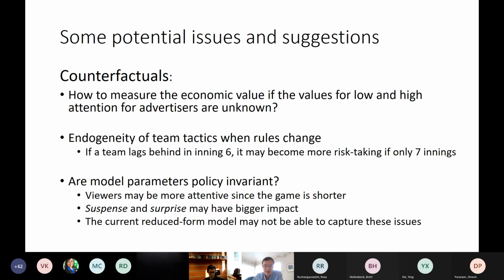In this case, maybe suspense or surprise will have a bigger impact on attention, which means that the model parameters may change when you change the policy. So I suspect that your current reduced form model specification would not be able to capture these potential effects.